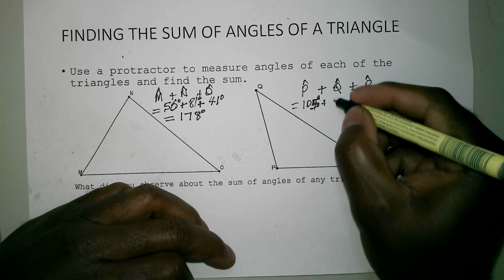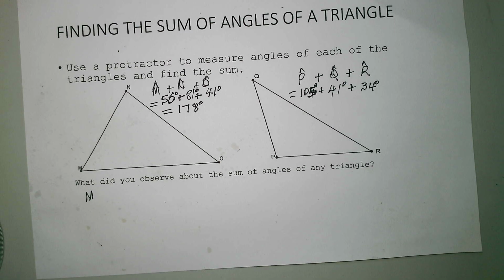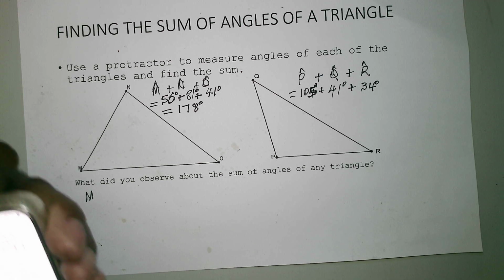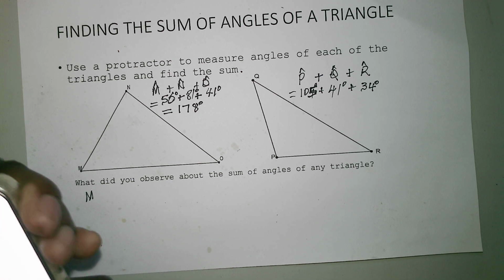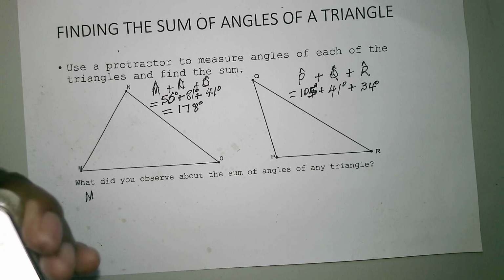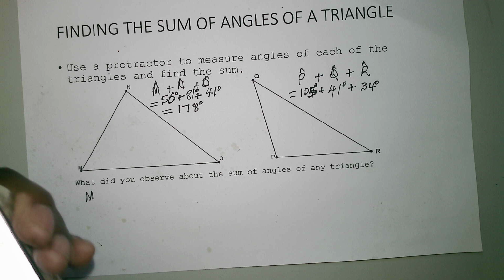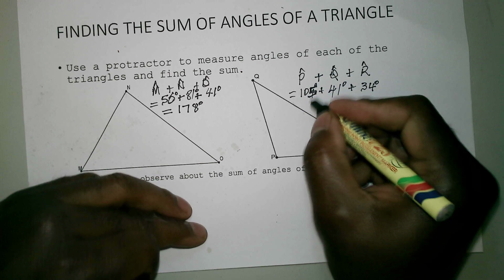Now the question is, what did you observe about the sum of angles of a triangle? For this triangle the sum of angles is 178 degrees. For this one is 180. Let's do the previous ones. This one is 179 and this one is 180.